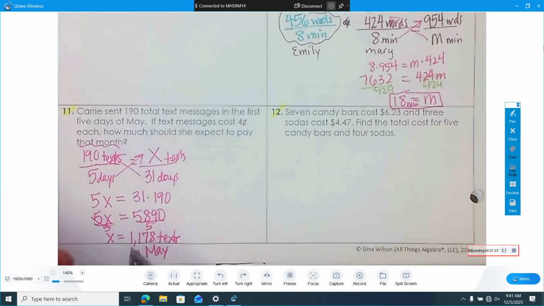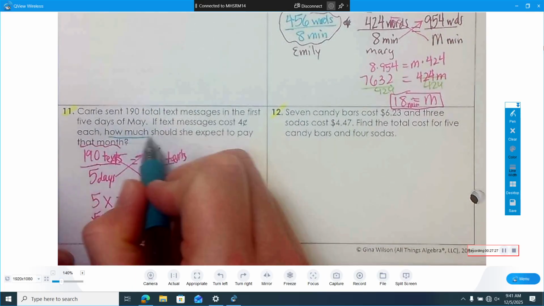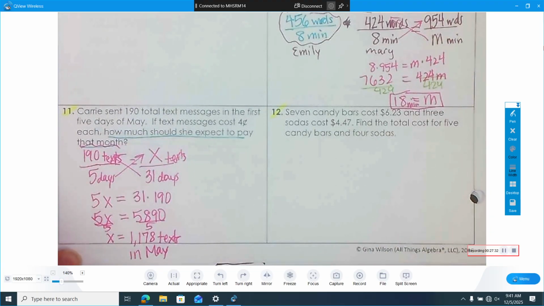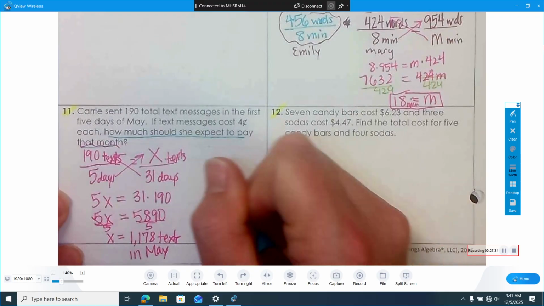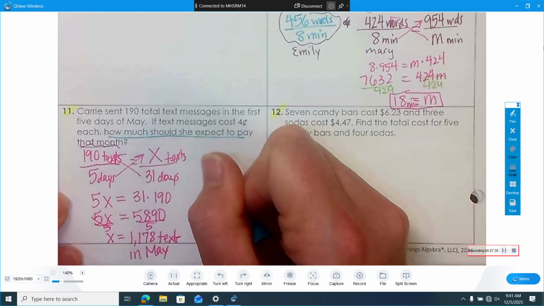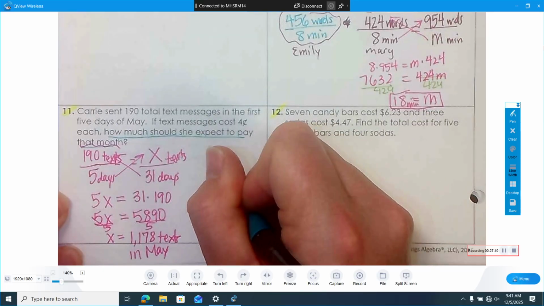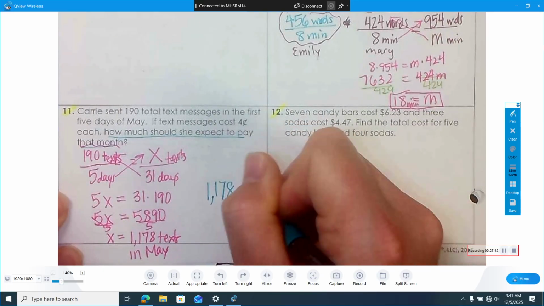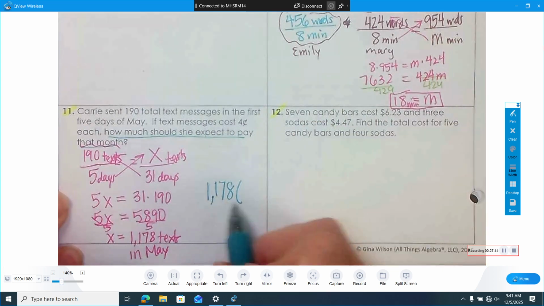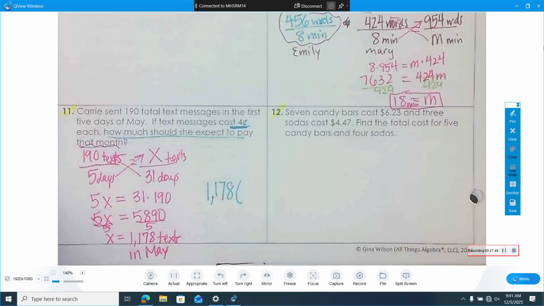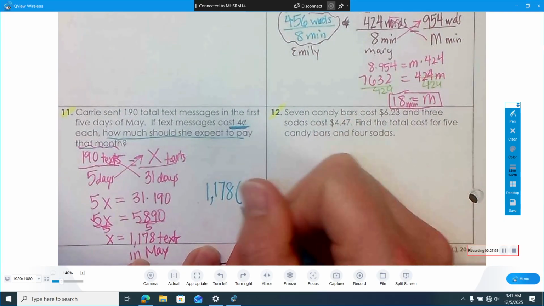Okay. So she sent 1,178 texts. How much should she expect to pay? That's what we have to figure out. What do we need to do to figure out what she's expected to pay? Times. So 1,178 texts, it costs 4 cents each. $47. Oh, okay. So what did you multiply by?